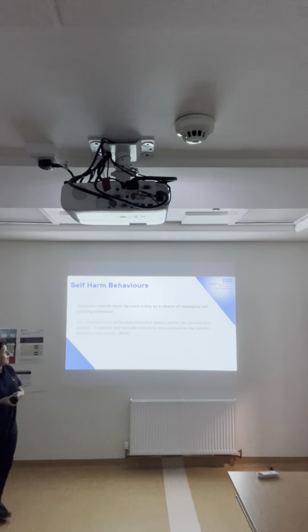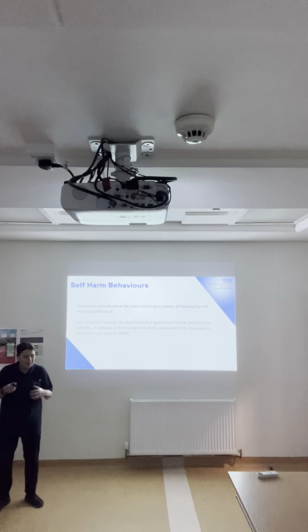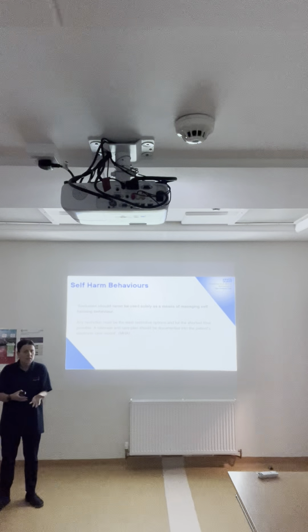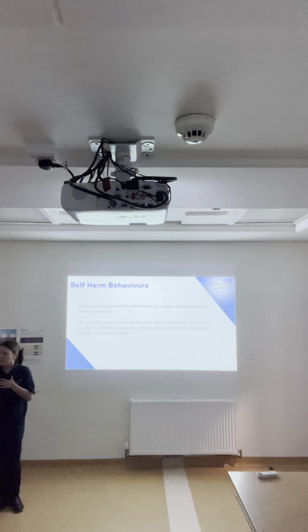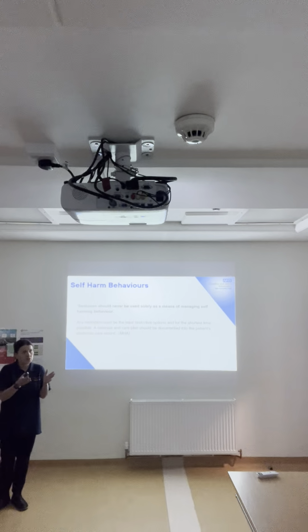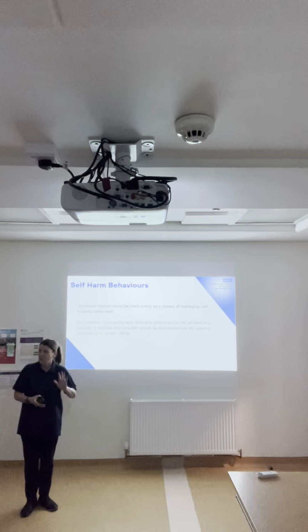Self-harming, so we've talked about that, managing self-harm behaviours. It must be the least restrictive in the shortest time possible. If somebody is harming themselves, that is harmful to others. You know, watching somebody putting a ligature around or cutting themselves, gouging at themselves, you can justify why you would manage that person, but you wouldn't necessarily put them in the room and shut the door and leave them in the room self-harming.